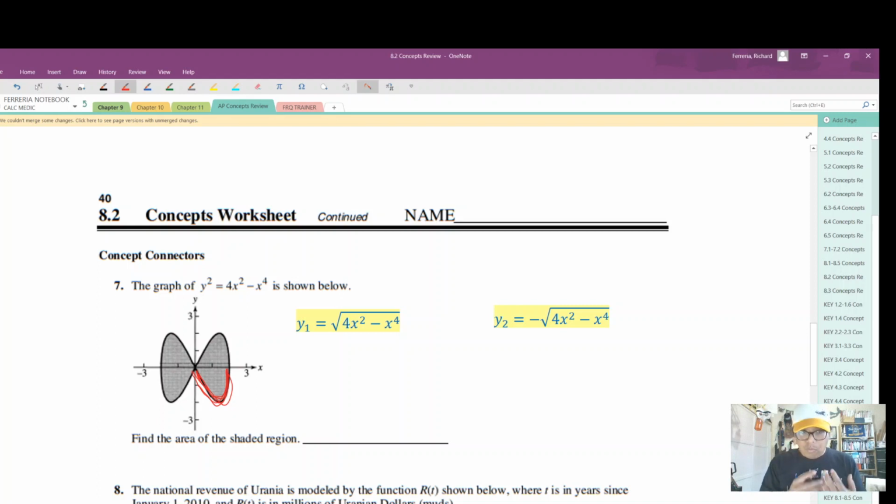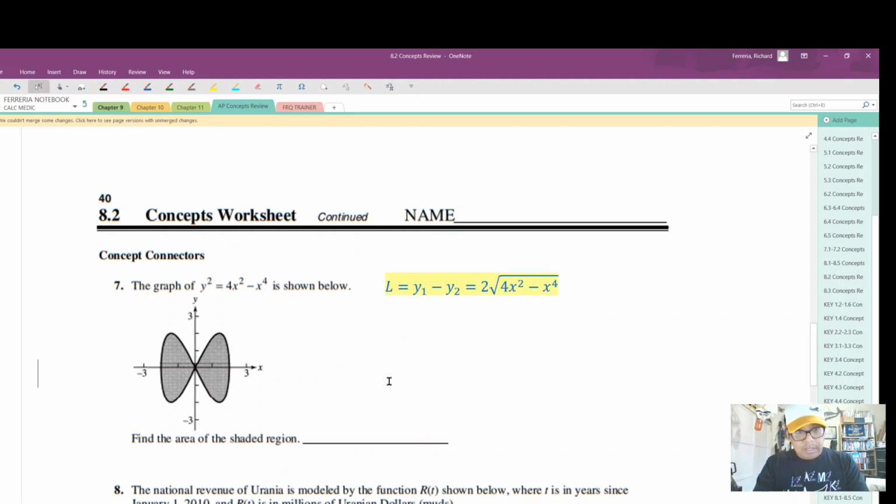Now, we're going to have to figure out what's the vertical dimension of this rectangle. So it's going to be a difference in y coordinates. It's going to be y1 minus y2. The vertical height of these rectangles, which I like to call L, that's going to be y1 minus y2, which algebraically is 2 root 4x squared minus x to the 4th.